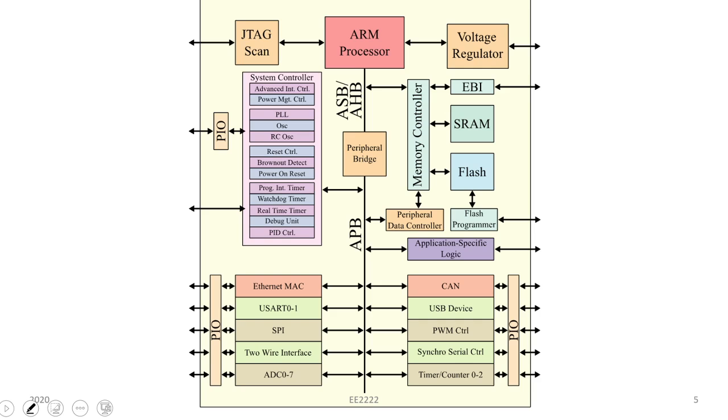If we look at an even more detailed structure of an example, here what we may have is, say, a processor, certain power supply components, a memory controller, and that may support a number of memory technologies and even sometimes external memories. There can be a number of communication protocols being supported, communication interfaces, various USBs and all these different communication interfaces, and all of these being interfaced through certain peripheral bridges to the processor.